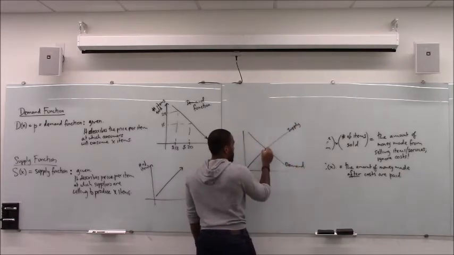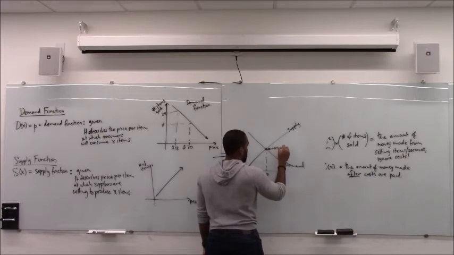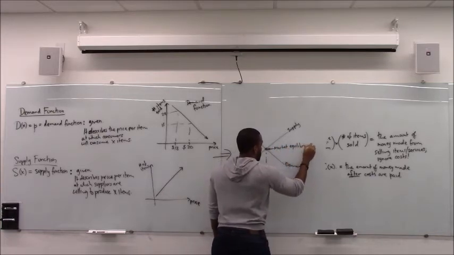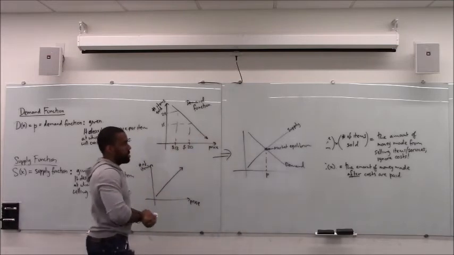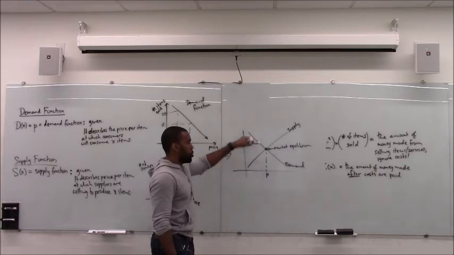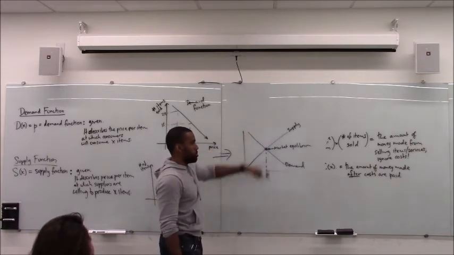And that point here is the nice thing. That point here, this is called market equilibrium. So that's like the perfect price. That is the price at which, if you set it to that price, people will be willing to buy exactly how much a supplier is willing to supply.